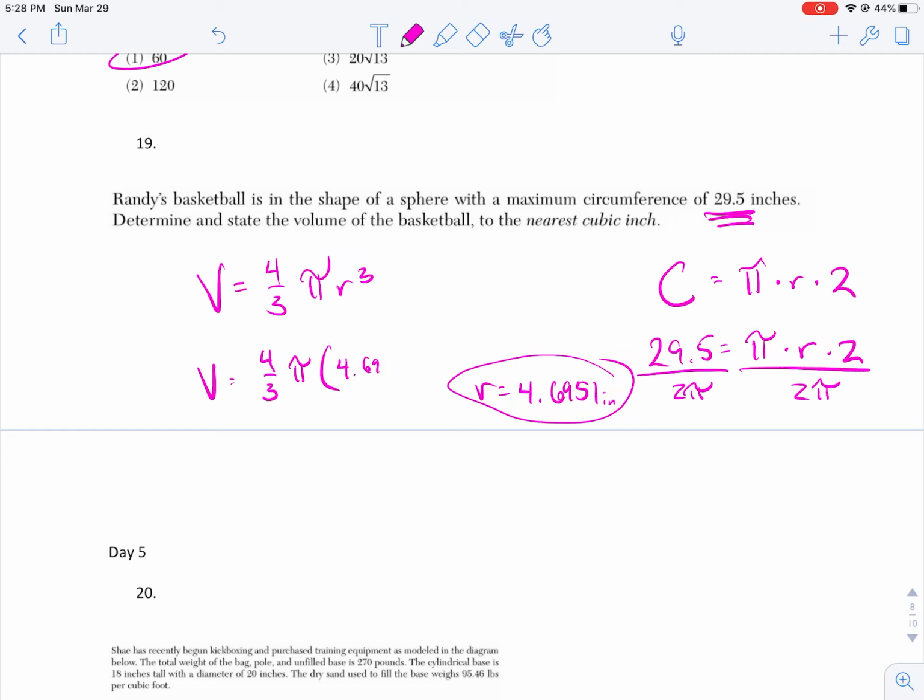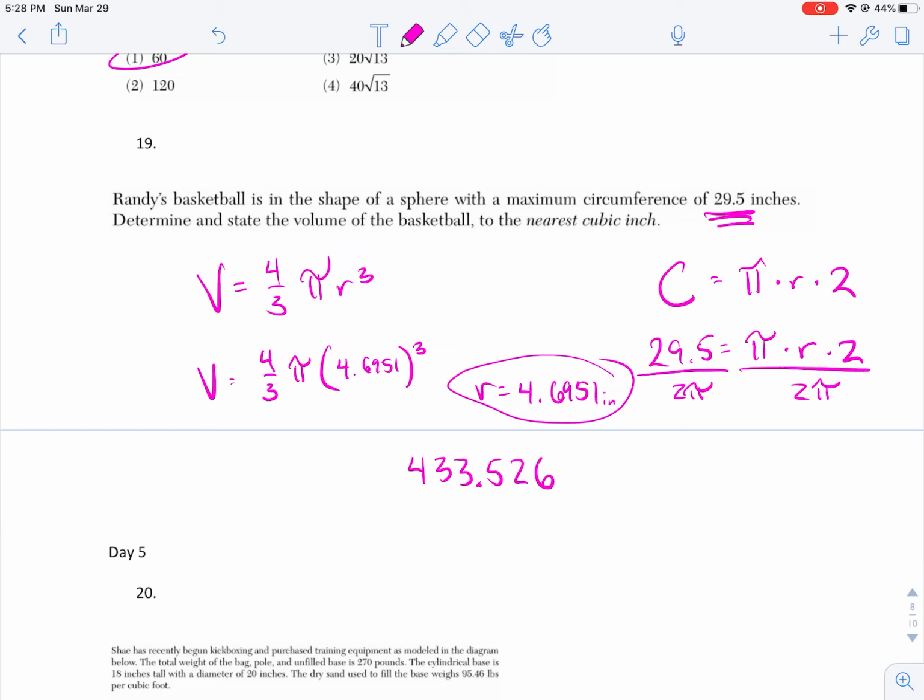We can just plug it right in here. So 4/3 times pi, radius is 4.6951 cubed. So 4/3 times pi times the second answer cubed.